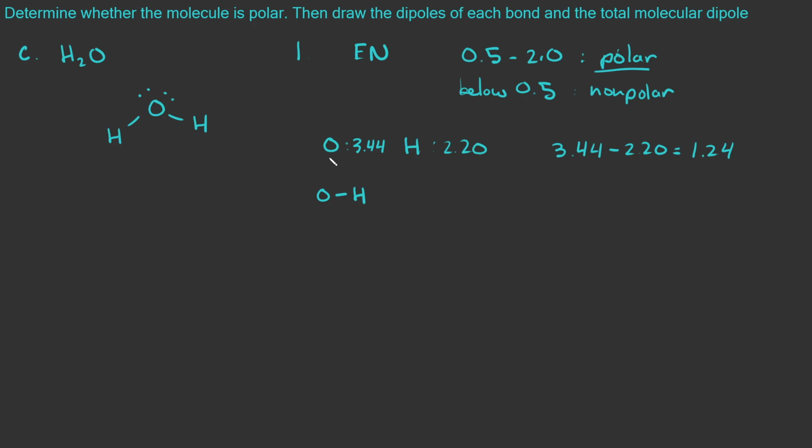And then once again, since oxygen is the higher electronegativity value, our arrow is going to be pointing to this. So this bond will have an arrow pointing towards the oxygen, and this one will also have an arrow pointing to the oxygen. And so now we have two dipoles that we have to factor into this molecule to draw its overall molecular dipole.